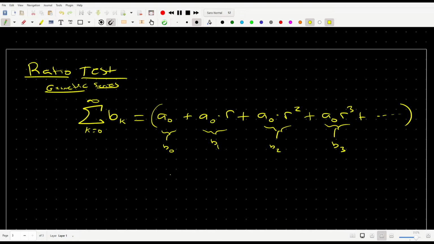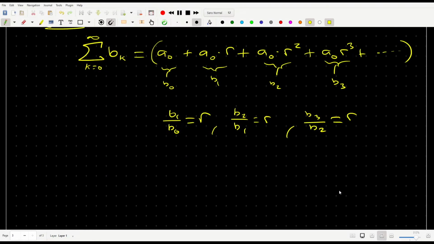But what we notice is that if I look at the ratio of terms in the geometric series, b_1 divided by b_0 is just r. b_2 over b_1 is also equal to r. b_3 over b_2 is equal to r. And so the limit as k goes to infinity of the absolute value of b_(k+1) over b_k is just going to be equal to the absolute value of r for the geometric series.